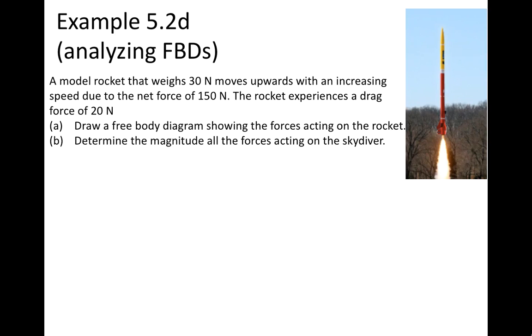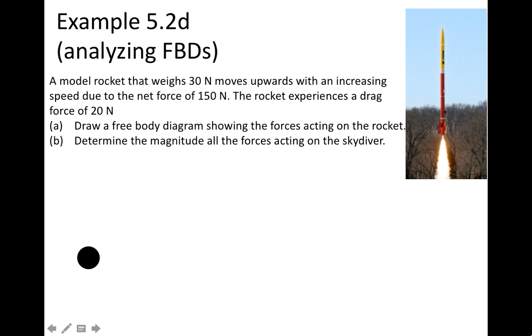In this example, we have a model rocket that weighs 30 newtons that moves upwards with an increasing speed due to a net force of 150 newtons. The rocket experiences a drag force of 20 newtons. We need to draw a free body diagram showing the forces acting on the rocket.